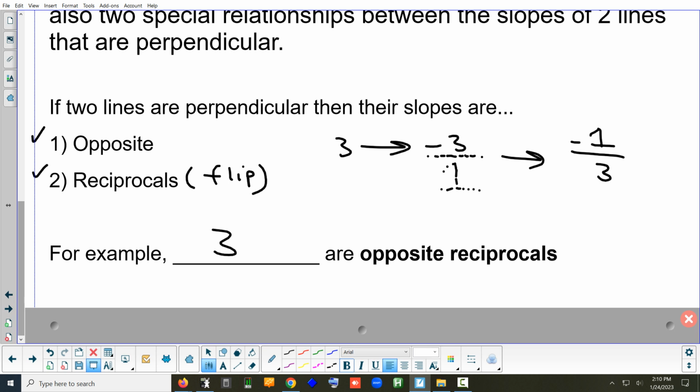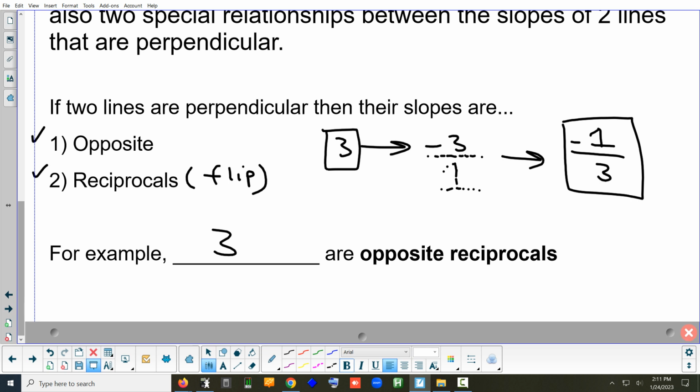But that's it. So if you had a line with a slope of 3, and you had another line with a slope of negative 1/3, they would be perpendicular. So negative 3 and negative 1/3 are what we call opposite reciprocals. So two things. Make it the opposite, and then flip.